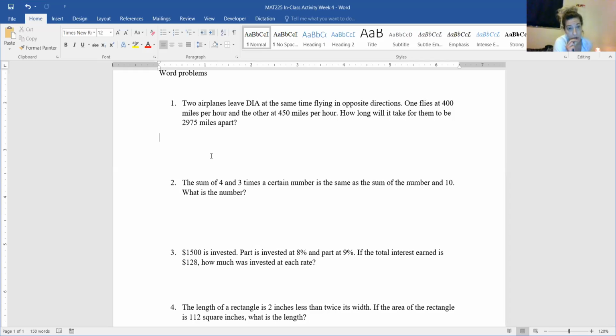So you've got to figure out how long it will take the first airplane to fly the 2,975 miles, and then how long it would take the 450 second one. And there's going to be a point in there somewhere.